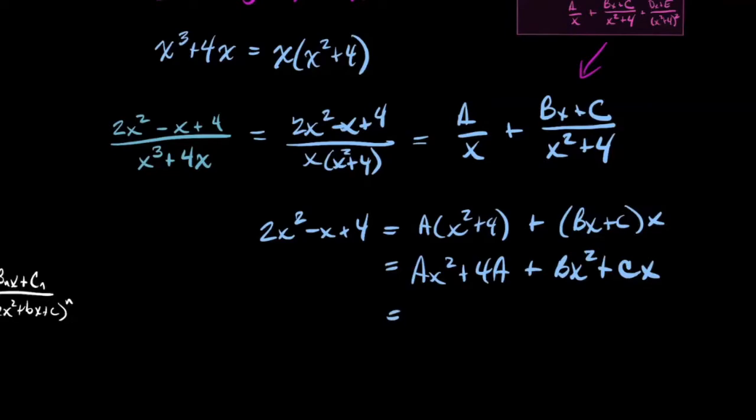So if we group everything again, we're going to have a plus b attached to x squared. And what else do we have? Now we have cx plus 4a.